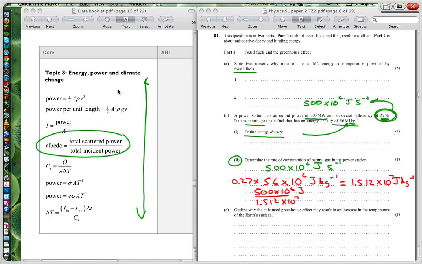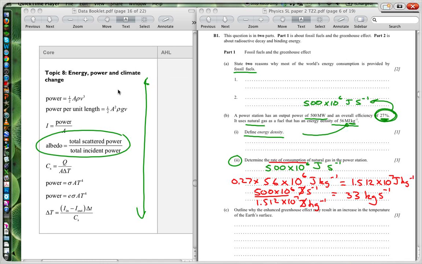Well, let me just put that in. As you're going to have joules per second here and joules per kilogram, when I divide that, our joules will cancel out. Our kilogram goes to the top, and we'll get kilograms per second, and that will be a rate of consumption. So it's 500 times 10 to the 6 divided by my answer, and I get about 33 kilograms per second.